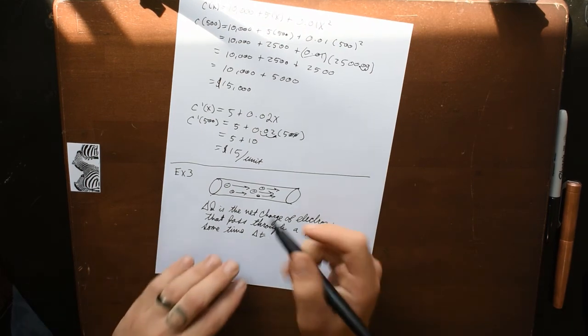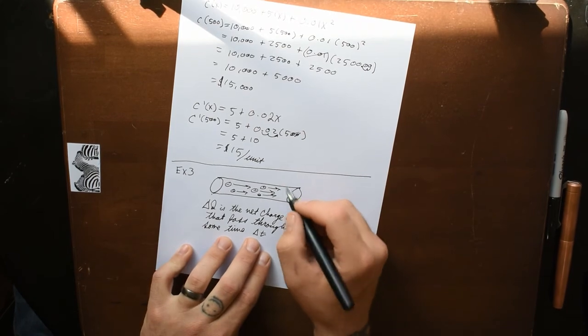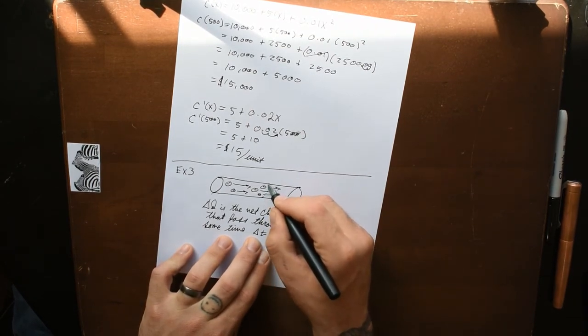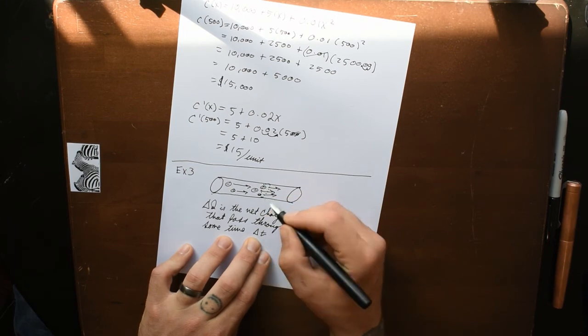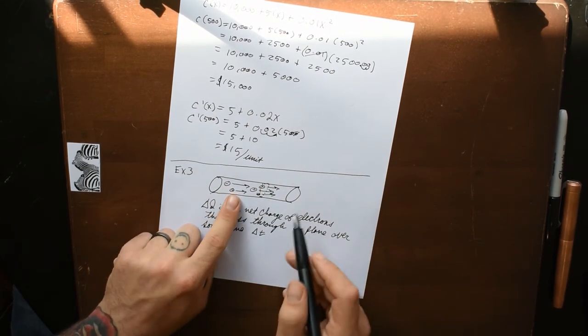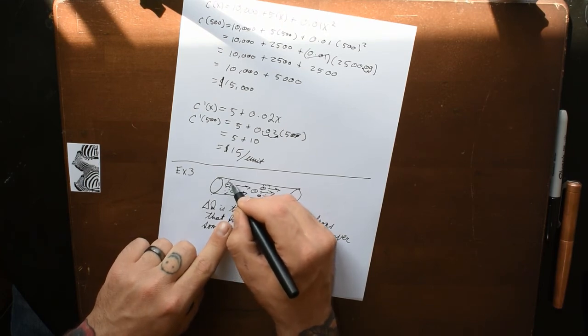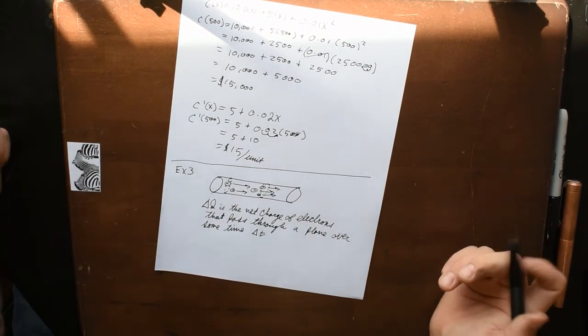So over the course of time, the electrons that are going to pass through this plane, well, all of these are going to pass through. It's almost like we're counting the total electrons over a certain region.